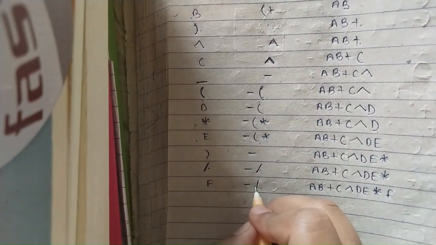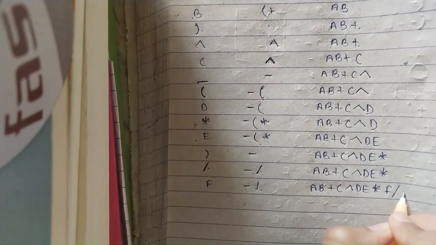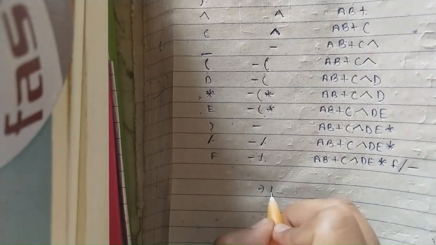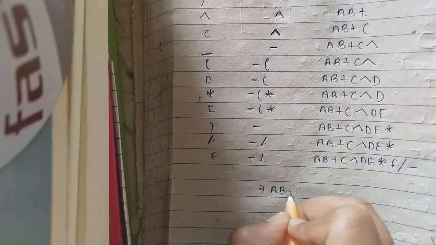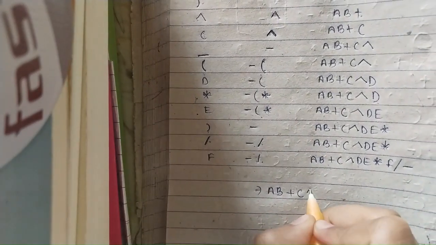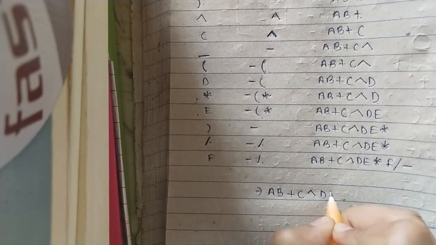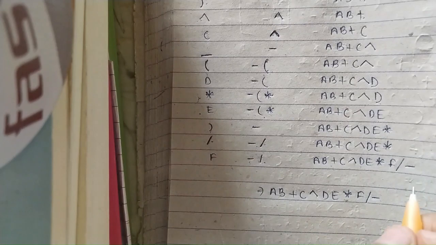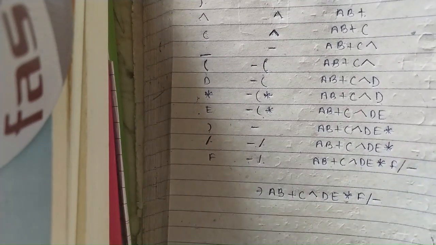So this is going to get popped out first and then your minus sign. So the final expression is A B plus C exponential D E multiplied by F divided minus. Hope you understood this question.